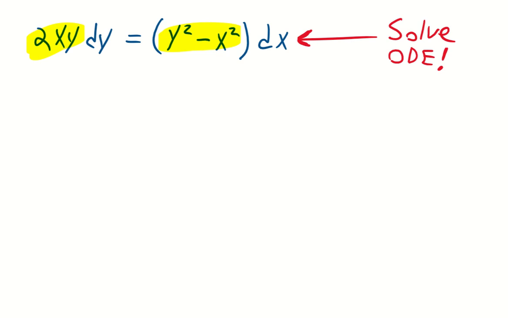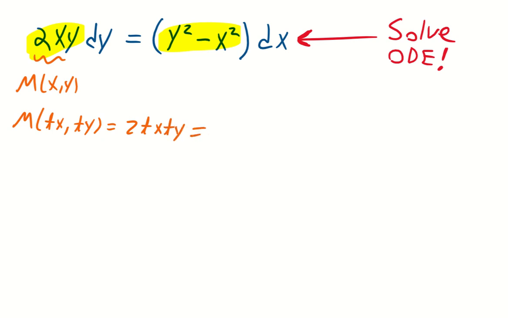Let's stipulate that this expression here is the function M of x, y. If we plug in M of tx, ty, we get 2 times tx times ty, and that's just t squared multiplied by 2xy, but 2xy is just our original function, M of x, y. And likewise, for this expression, we'll treat this as N of x, y.